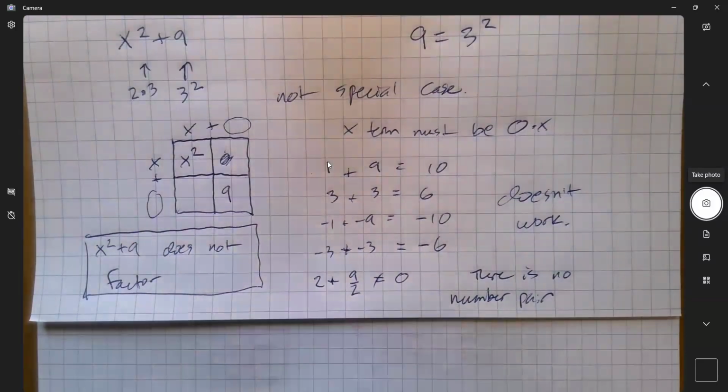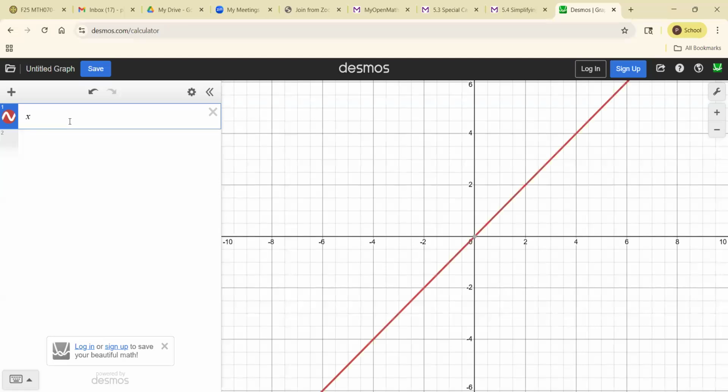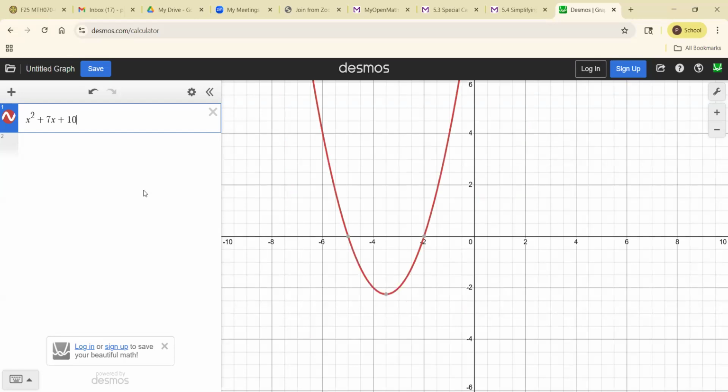Let's take a look at Desmos and see why that's the case. Using Desmos is a great way to factor quadratics. If I want to factor x squared plus 7x plus 10, I look for the x-intercepts, and they're at -5 and -2.